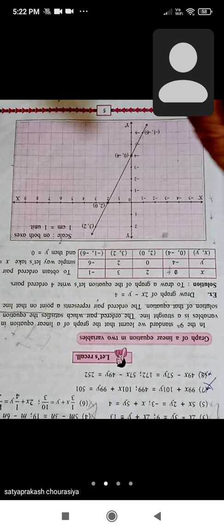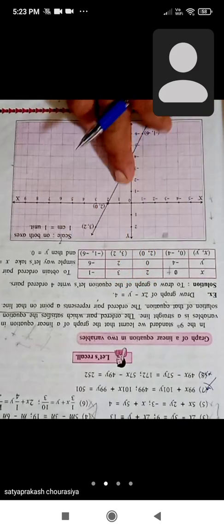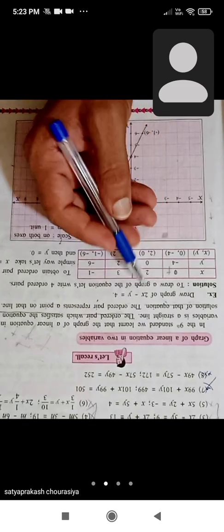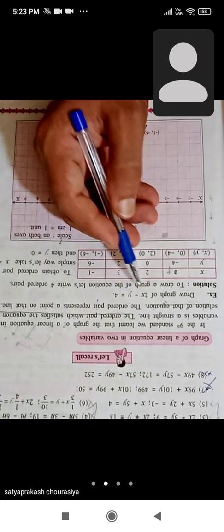Okay, so this helps in finding out whether the solution that we have found is correct or not. Now see, 2x minus y is equal to 4. So when we take x equals 0, the term 2 into 0 becomes 0, and here you will get minus y is equal to 4.